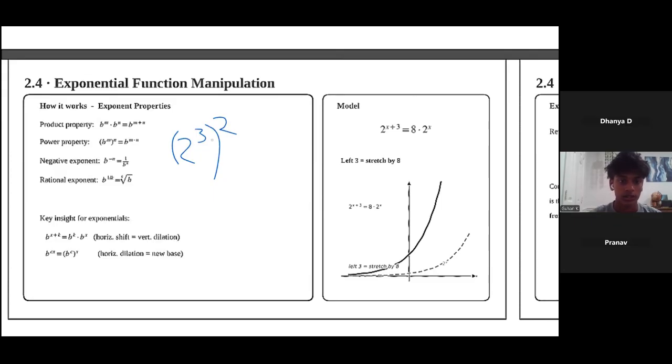So 2 to the 6. These two equal each other. And we can test it again. 2 to the 3 equals 8. 8 squared equals 64. And 2 to the 6 is, in fact, 64. 2 times 2 is 4, times 2 is 8, times 2 is 16, times 2 is 32, and that's 5. And finally, 2 to the power of 6 is 32 times 2 is 64. So therefore, we've proven that.